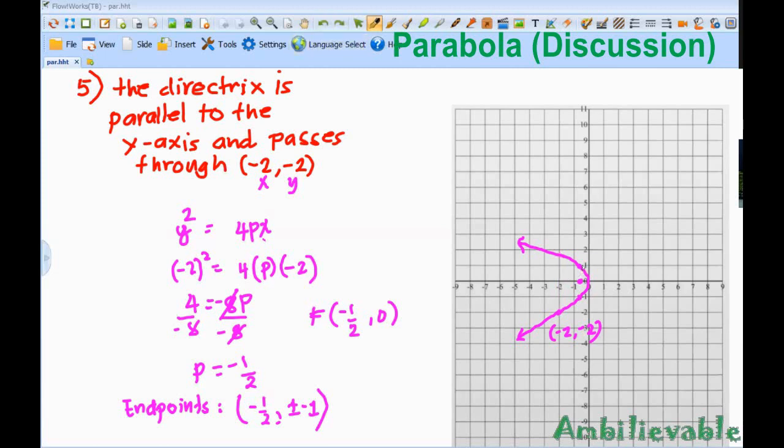This is the latus rectum's endpoint. So that is negative half and plus and minus 1. And this is negative 1/2. So the other one is positive only. This is positive 1. And then the other one is negative 1.